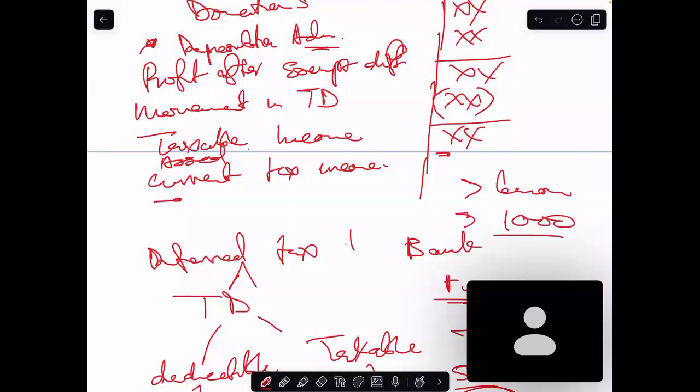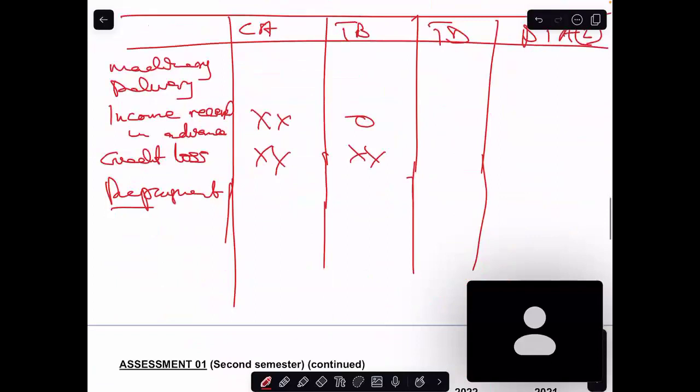Or let me just say, when it comes to tax, we deducted prepayment. For simplicity's sake, the detail we are going to apply in tax. So if there's a prepayment, we're going to have a carrying amount, but as for the tax base, it's going to be zero. Why? Because we deducted the expense in the year in which it was accrued or incurred. That's what we do in tax.